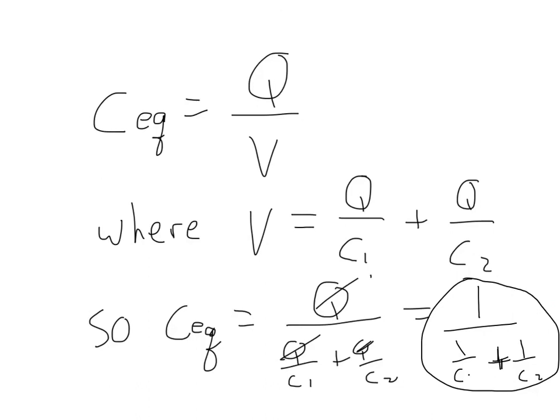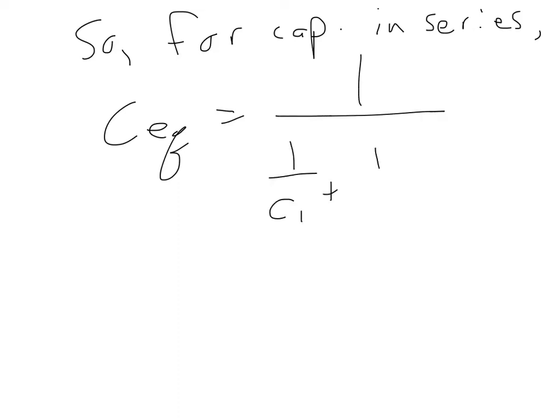So the series capacitors look like parallel resistors in terms of determining the equivalent capacitance. So I'll just write that. So to summarize, for capacitors in series, we have that C equivalent is equal to 1 over C1 plus 1 over C2 plus 1 over C3 plus however many you have.